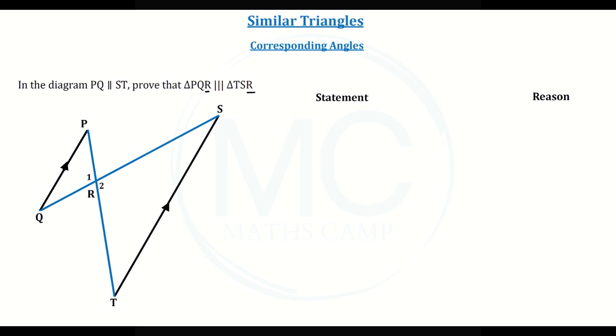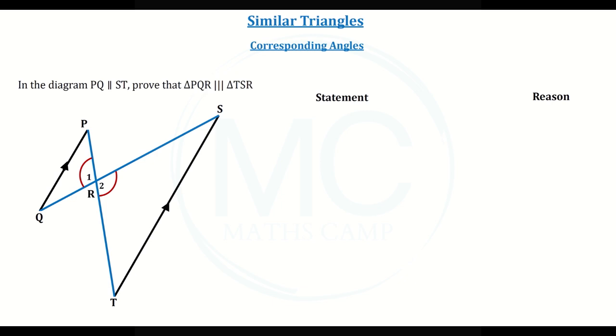R1 lies in triangle PQR, so let's mark this angle in red. The corresponding angle R2 lies in triangle TSR, so let's mark this angle in red as well.